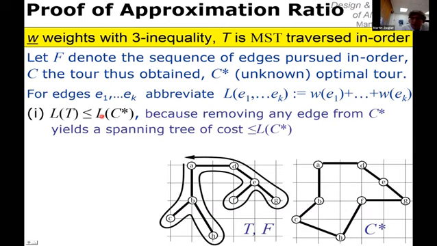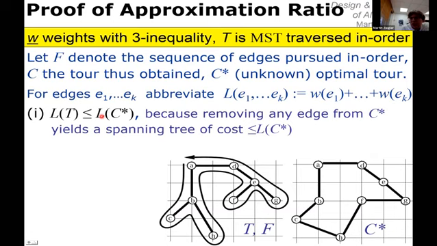Now let's compare this to the tour, to an optimal cycle, which we don't know, but one thing for sure we know is that it's not a tree, right? Because, well, it contains a cycle. But on the other hand, if from this cycle we remove any edge, then the result is a tree, right? It's connected and it contains no cycles. That's one of the definitions of a tree.